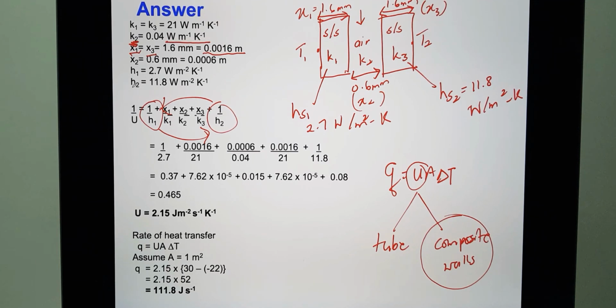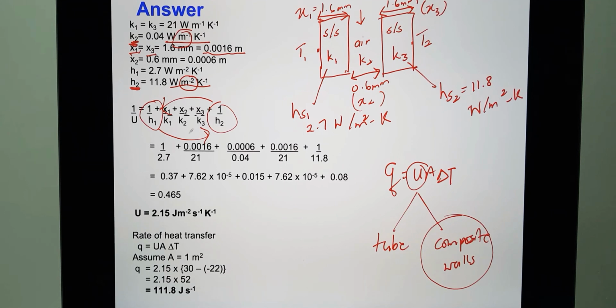When we talk about surface heat transfer coefficient, HS1, HS2, the unit is watt per meter square Kelvin. Can you see the difference? K is per meter, HS is per meter square. So these are the differences when you want to plug in the values.